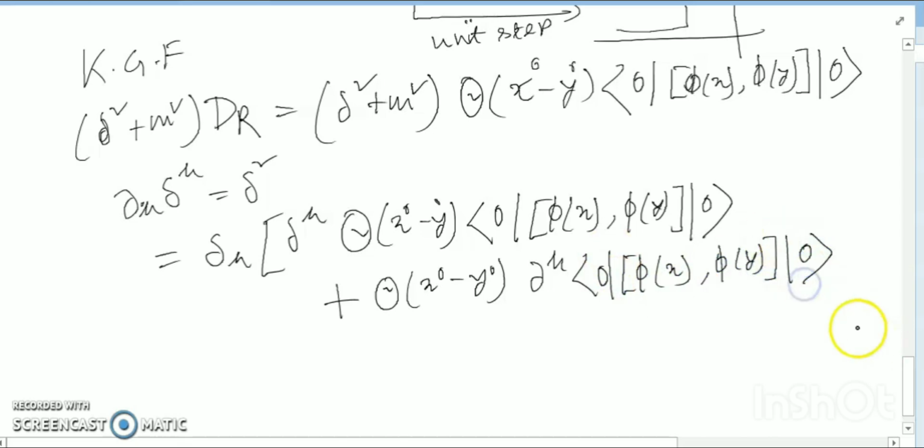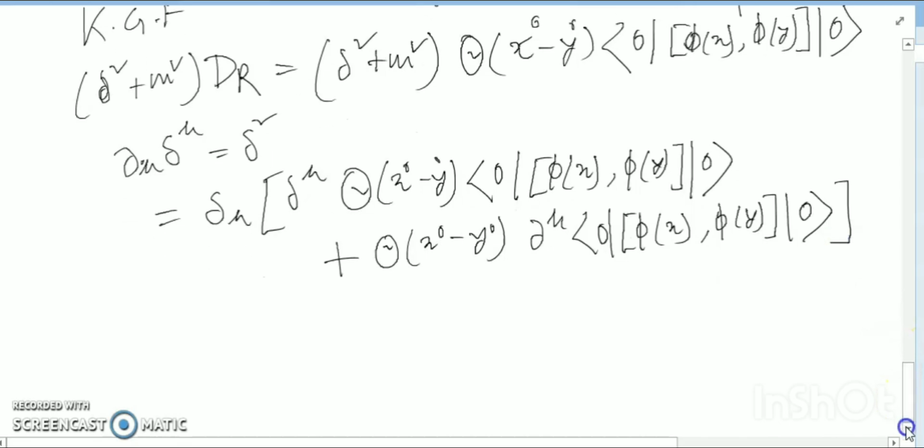I hope you understand del mu, the simple derivatives. And m square I can write the same way, m square into capital theta x0 minus y0, and this is the vacuum sandwich. This is called the vacuum sandwich.